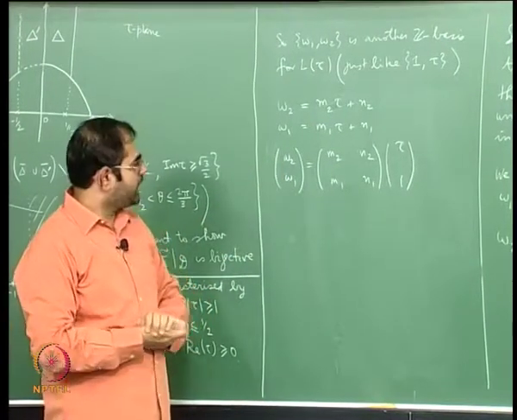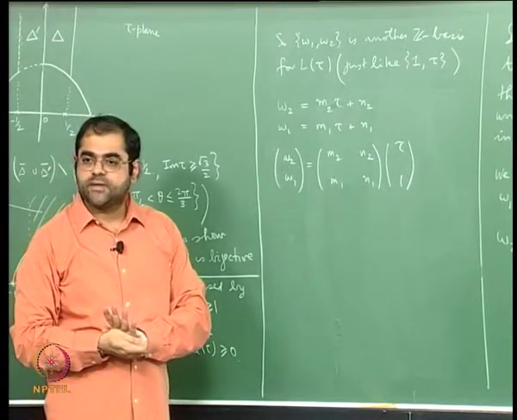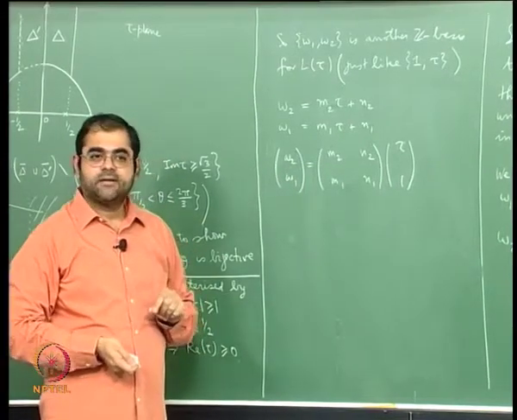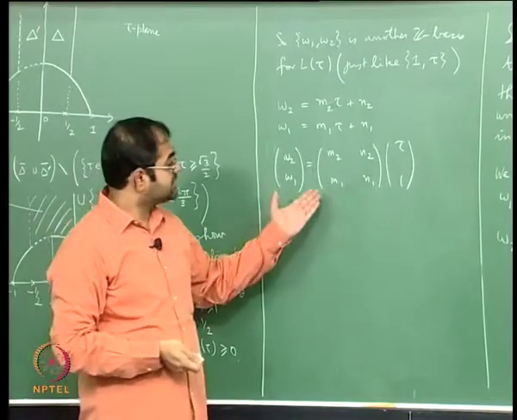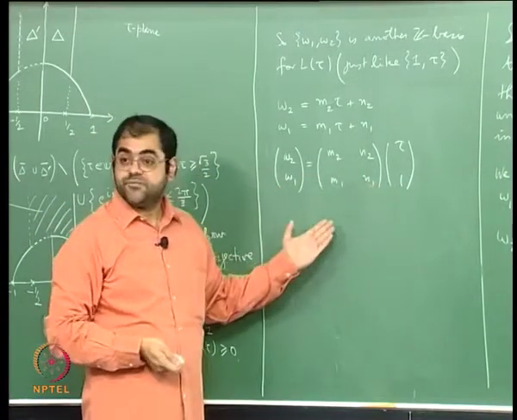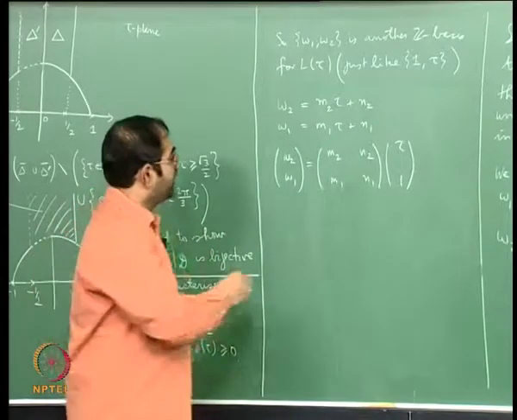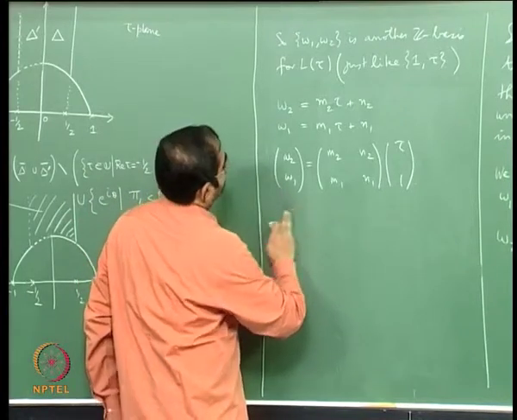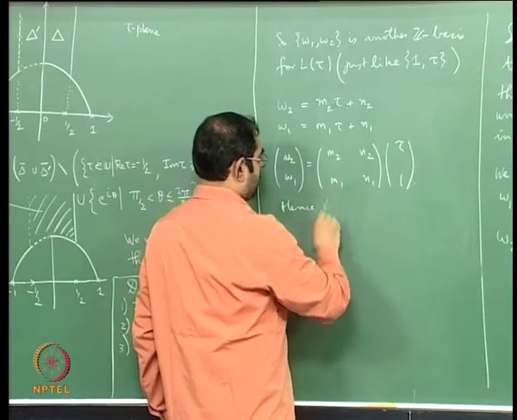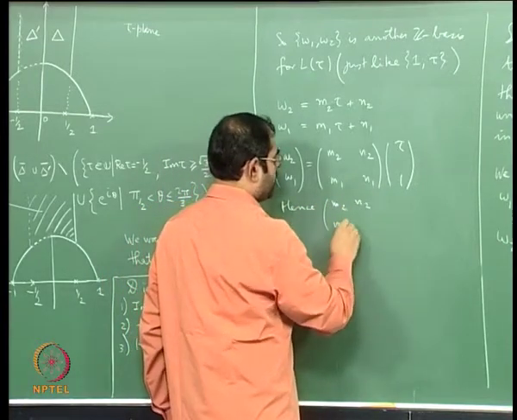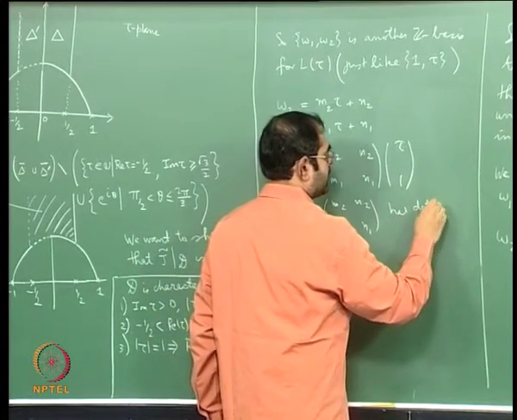So the moral of the story is that this matrix is a Z isomorphism. Therefore it is invertible over Z, therefore its determinant is plus or minus 1. Let me write that here. Hence the matrix (m2 n2; m1 n1) has determinant plus or minus 1.